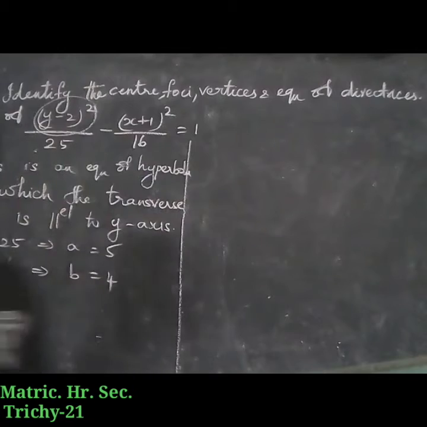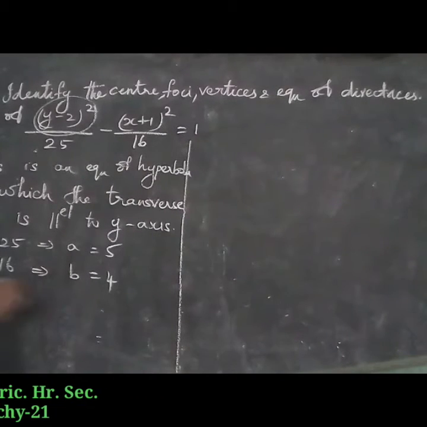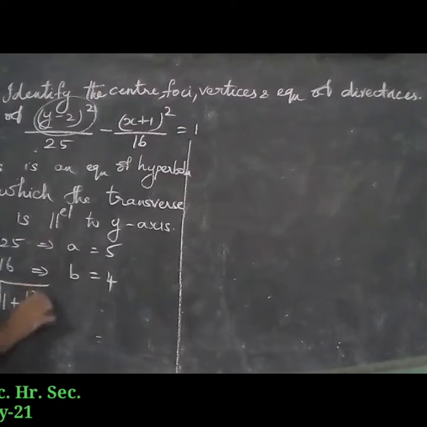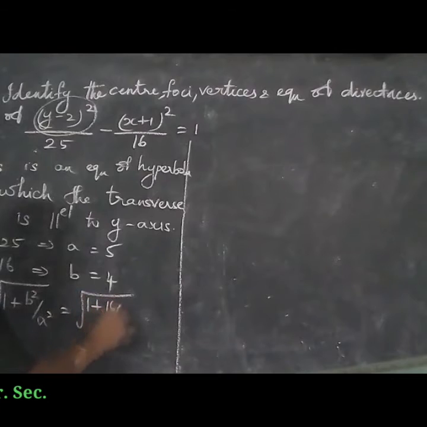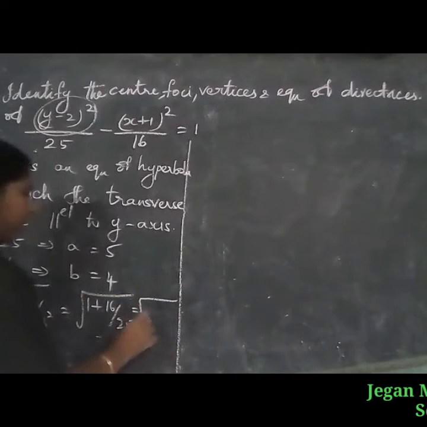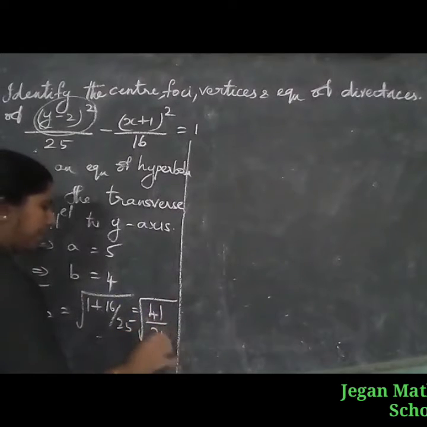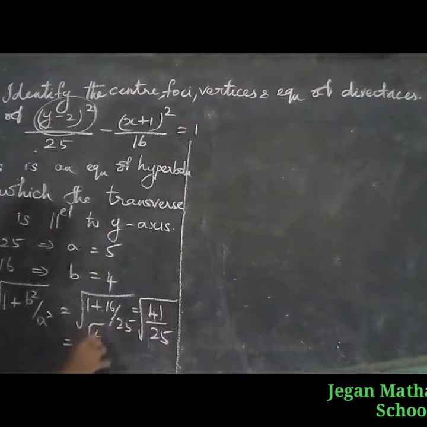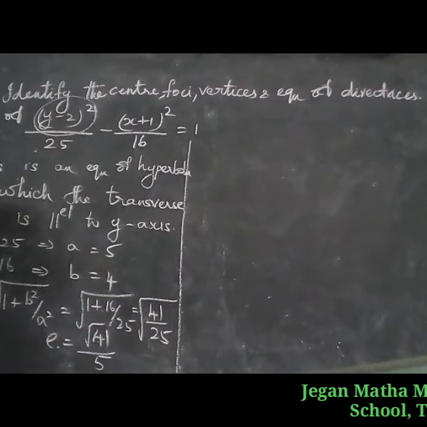Next, we have to find out the eccentricity. Eccentricity is equal to root of 1 plus b square by a square. So, 1 plus 16 by 25. So, when we are finding the eccentricity, we will get square root of 41 divided by 25. If you take the square root, it is root 41 by 5. This is the value for eccentricity.